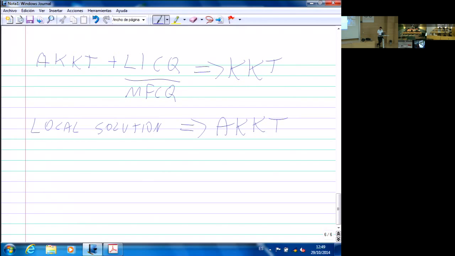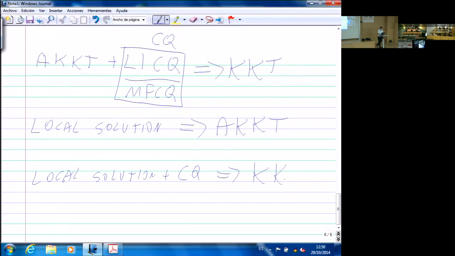Another important thing here is the following. If I can prove this theorem with any other condition here, I in fact prove that local solution plus this other condition implies the KKT. You simply follow here: if you add local solution and this, you have this, this and this, you have KKT.